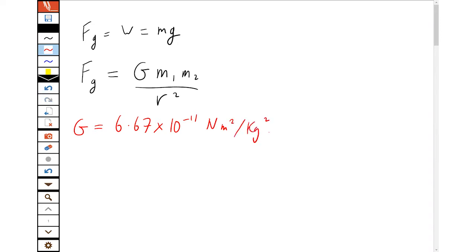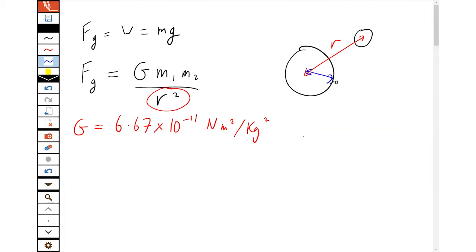Now there's something about this one to watch out for. This distance has to be the distance between the centers of the objects. So if you have a planet and a moon, you have to make sure the distance is the distance between their centers. But if we're just talking about a little person on the surface, we don't worry about it as much.